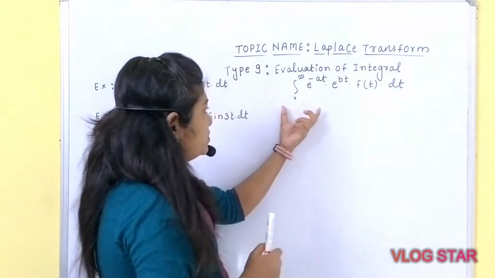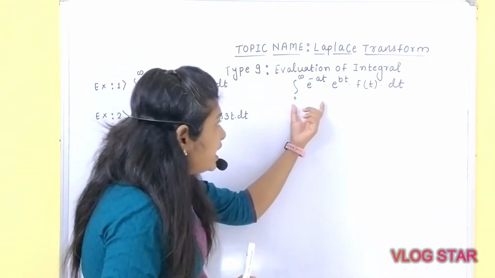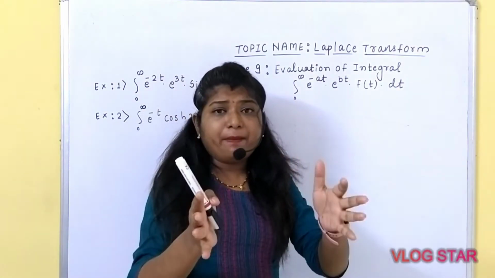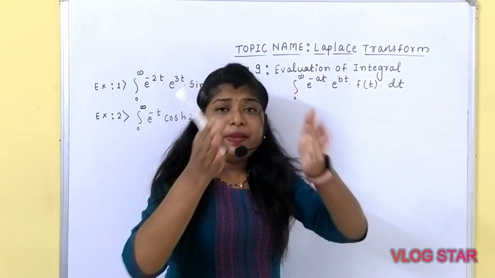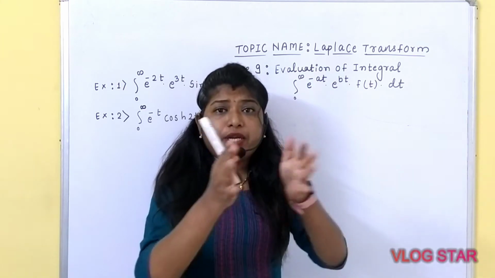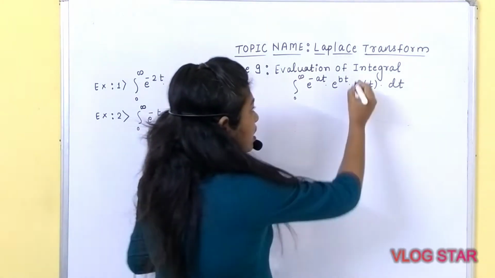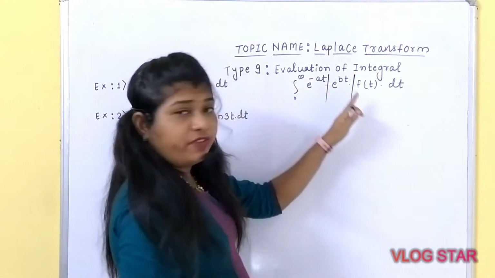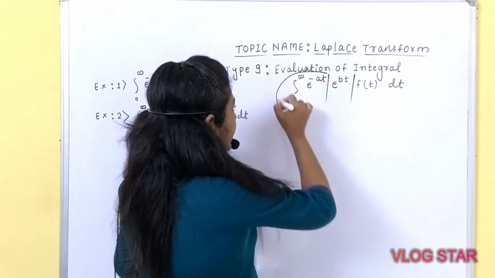Now observe carefully what is given in the third part. Whatever example is given to you, simply divide that example into three parts. First would be f of t, the second would be this function, and the third would be evaluation of integral.